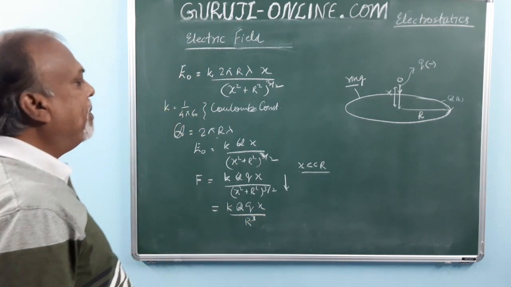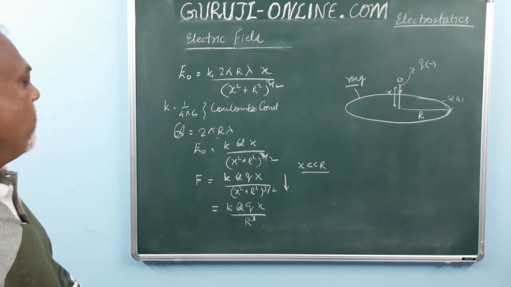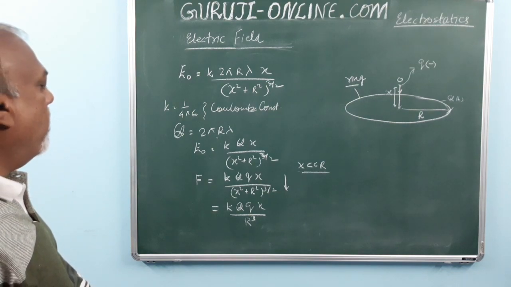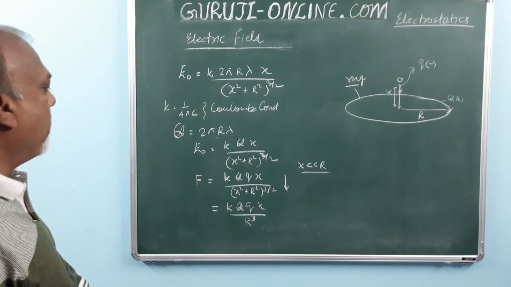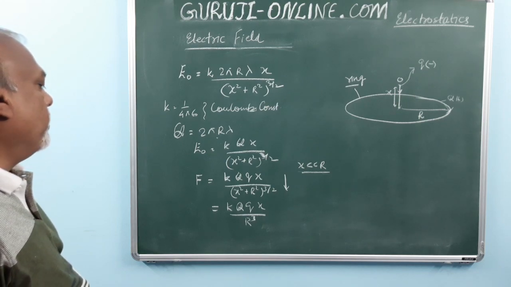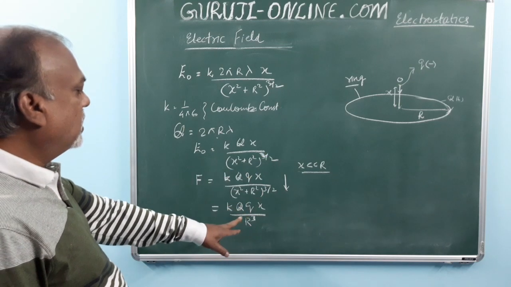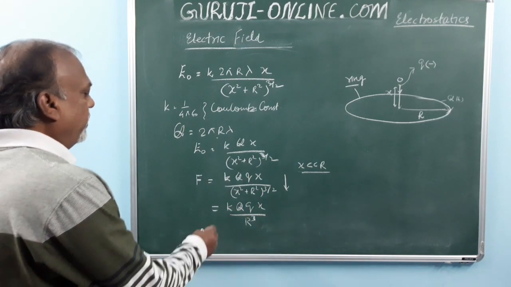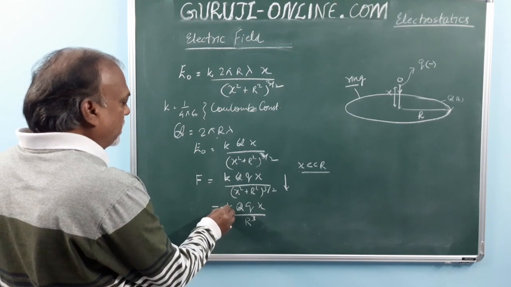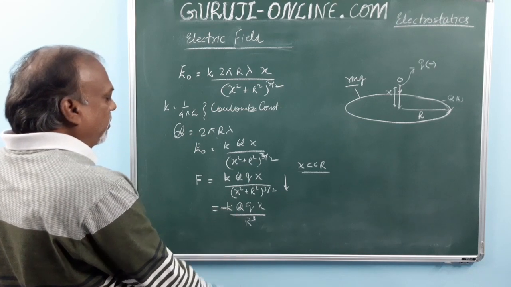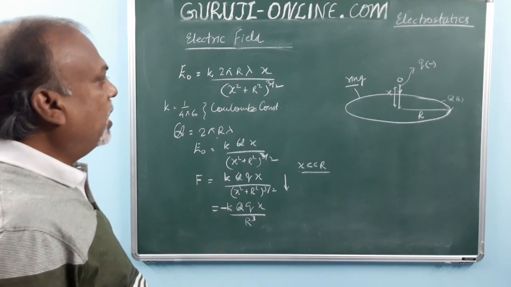Correct? Since the force is in the downward direction, we can write this as minus KQ x upon r cube.